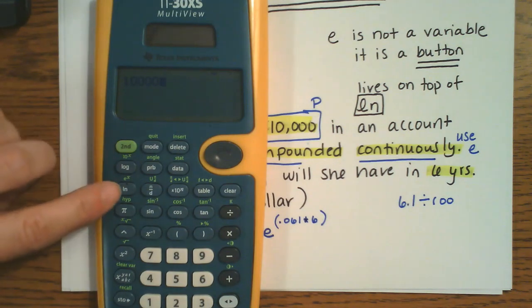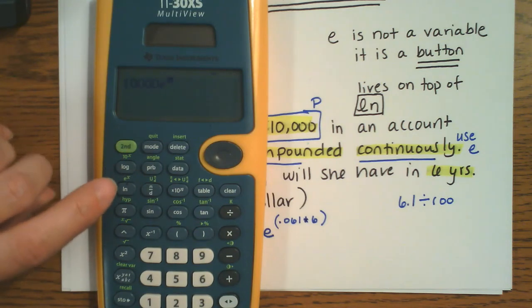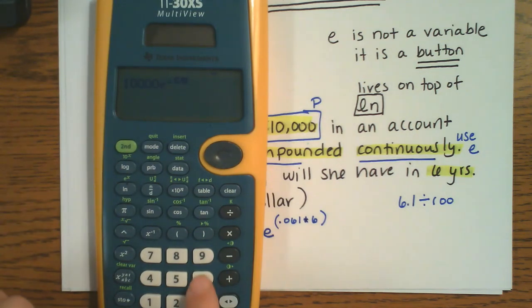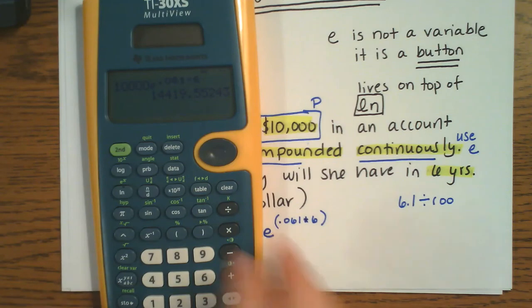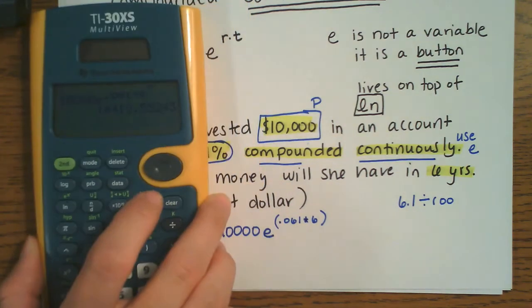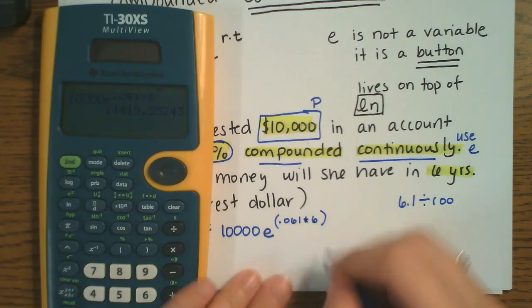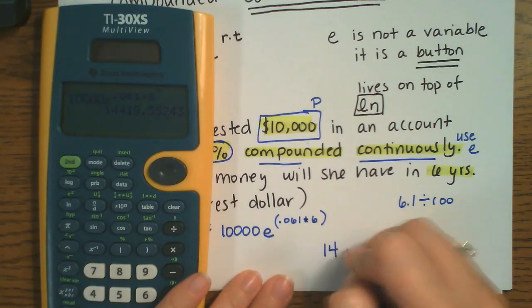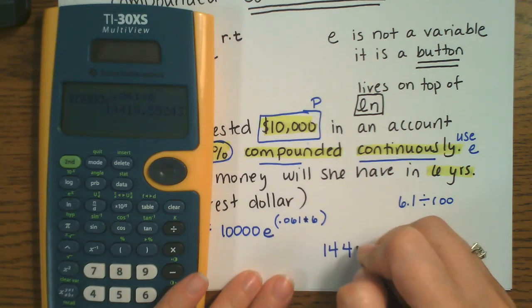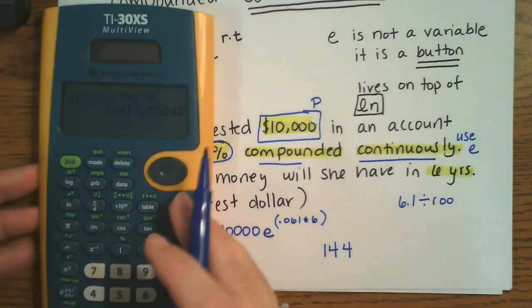So to get the E, anything in green, I have to press the second button first. I'm going to put 0.061 times 6. So after 6 years, compounding continuously, she should have 14,400 and, oh, it did it again, dang.